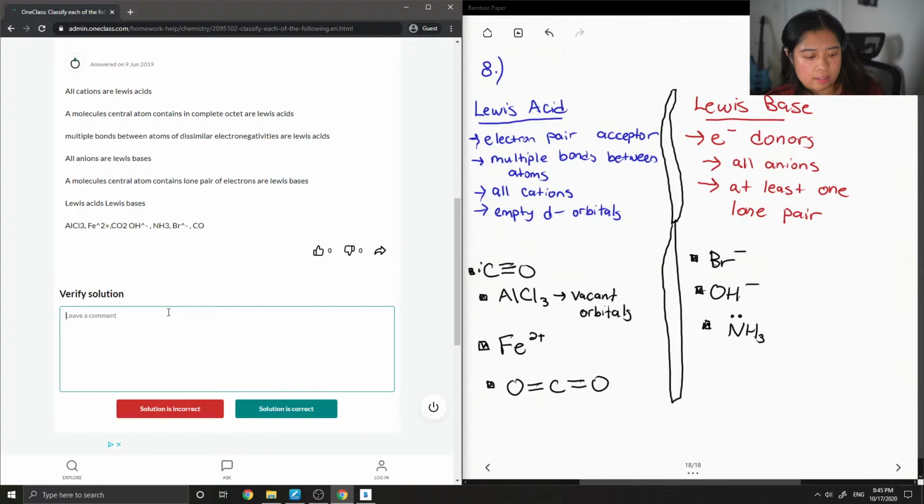I'm just gonna say that correct, but CO, I think carbon monoxide is gonna be one of those molecules that can act as both a Lewis acid and a Lewis base. So I'm just gonna say that it's still correct. Can act as both the Lewis acid and Lewis base. Okay, so solution is correct.